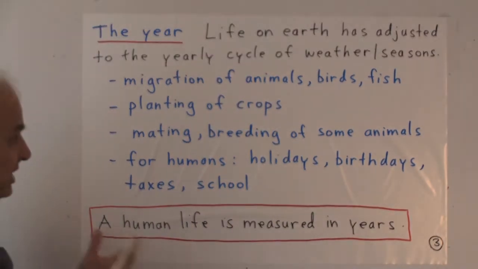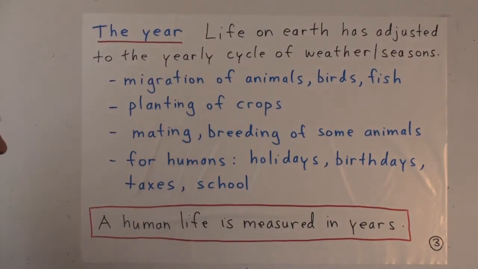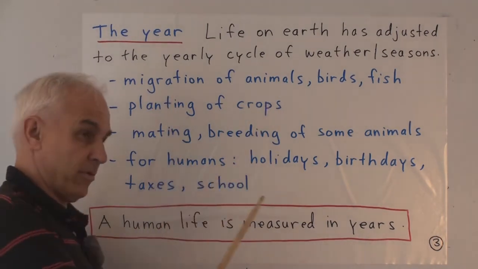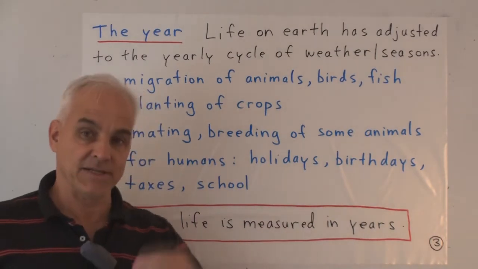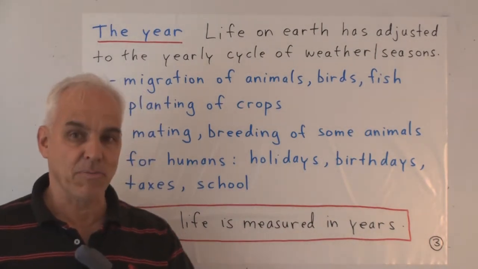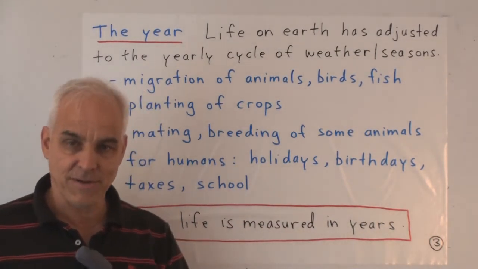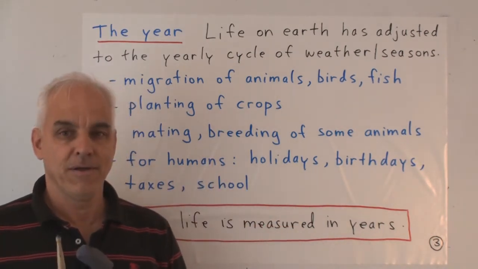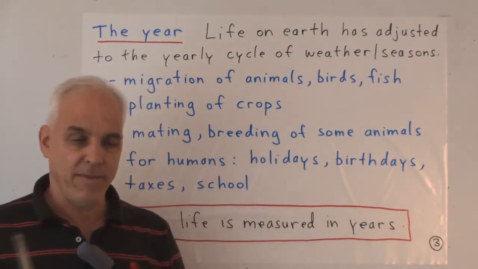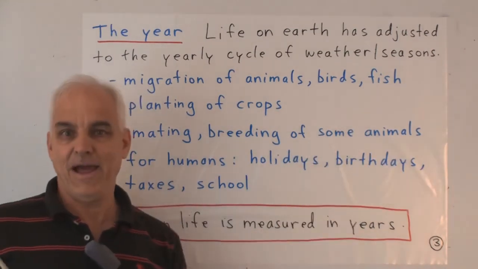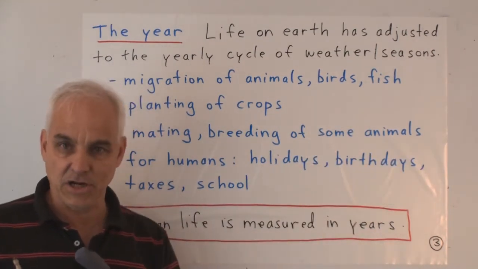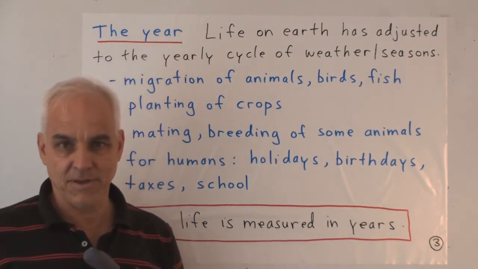And young people can understand this. They can appreciate that, for example, there's a cyclical aspect to the migration of animals, or birds, or fish. Typically, every year at the same time, certain animals will perform certain migrations. The animals somehow know, the birds know, the fish know that it's a certain time of year, it's time to set off for who knows where, and do the same thing that we did last year, and the same thing that we're going to do the next year.